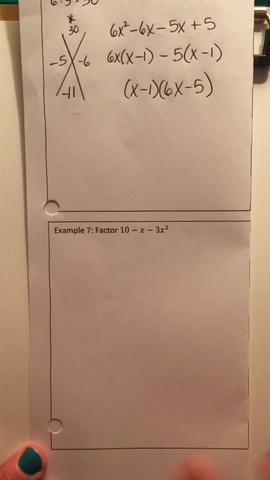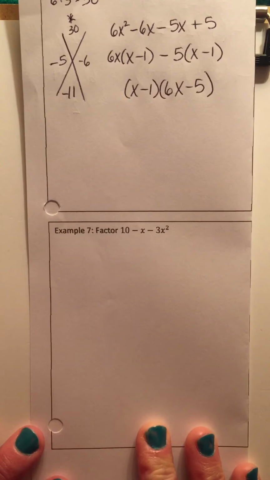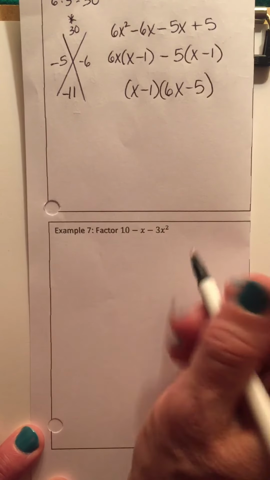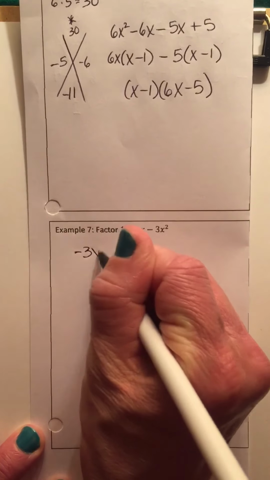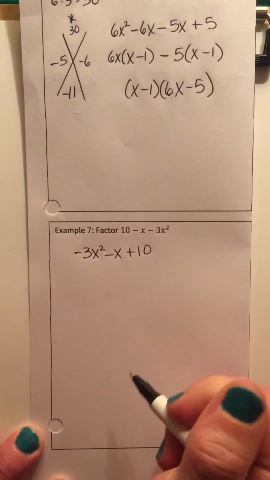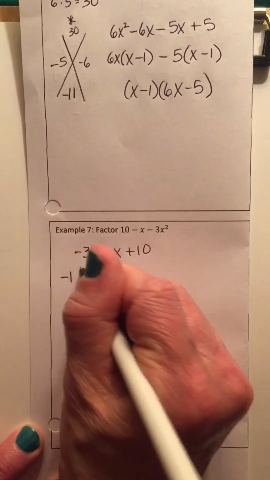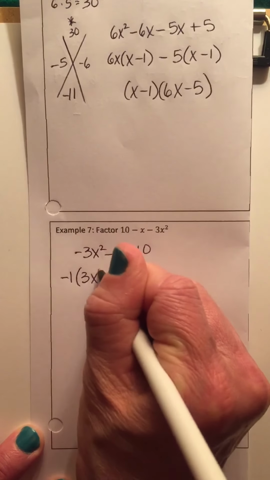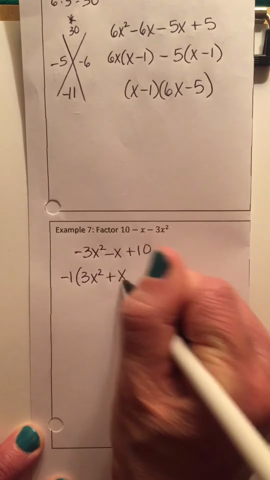Example 7, we're going to factor 10 minus x minus 3x squared. Again, we want to deal with that squared term first, so we're going to rewrite negative 3x squared minus x plus 10. Factor out a negative 1, and we're going to have 3x squared plus x minus 10.